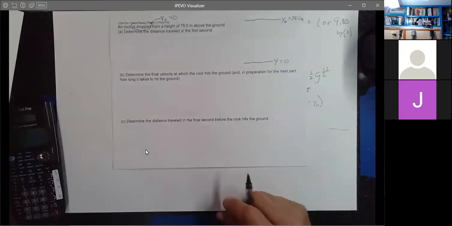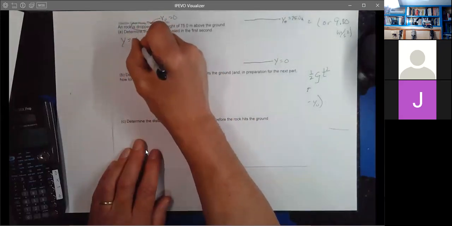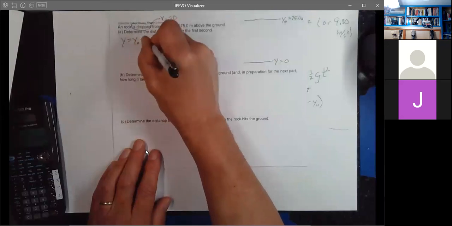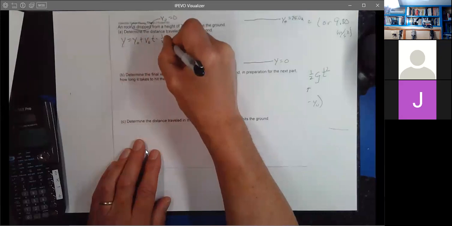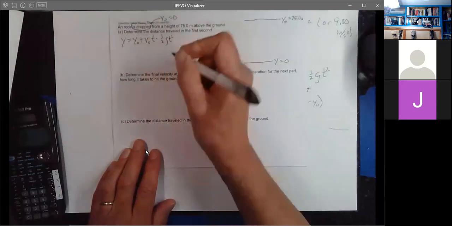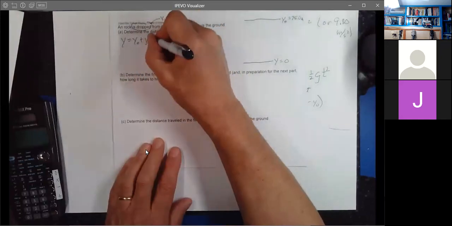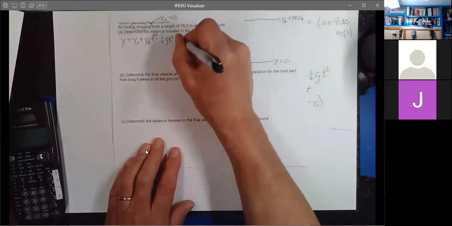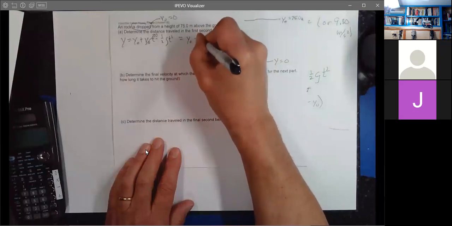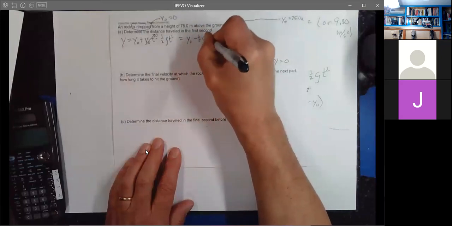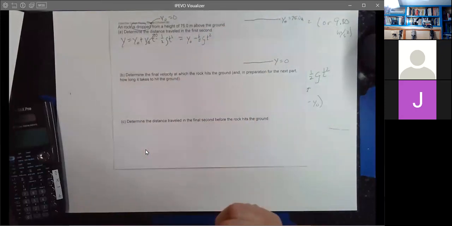So y is going to equal y naught plus v naught t minus 1/2 gt squared, but v naught is 0, so that makes the middle term go away, so it's just going to be y naught minus 1/2 gt squared.